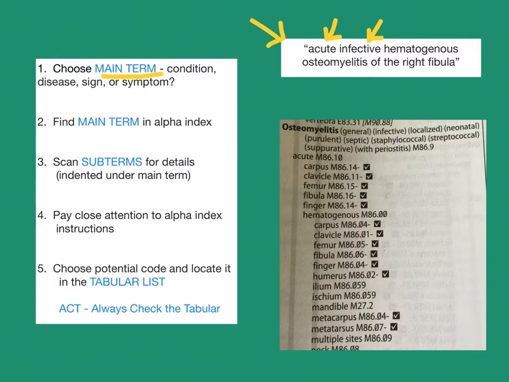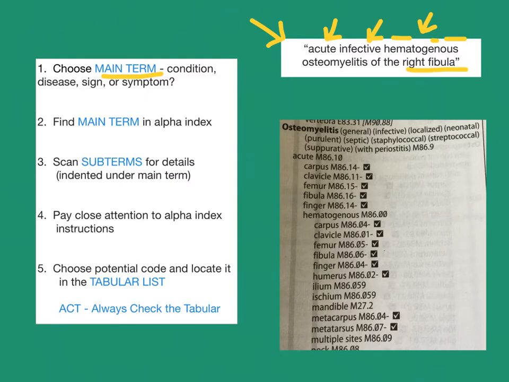Again, it's not a condition, but it just describes a condition that's resulting from an infection. Hematogenous, again, thinking back to our word parts, pertaining to blood formation. Again, this is not a condition, but describing a condition. It's arising from or generated from the blood.